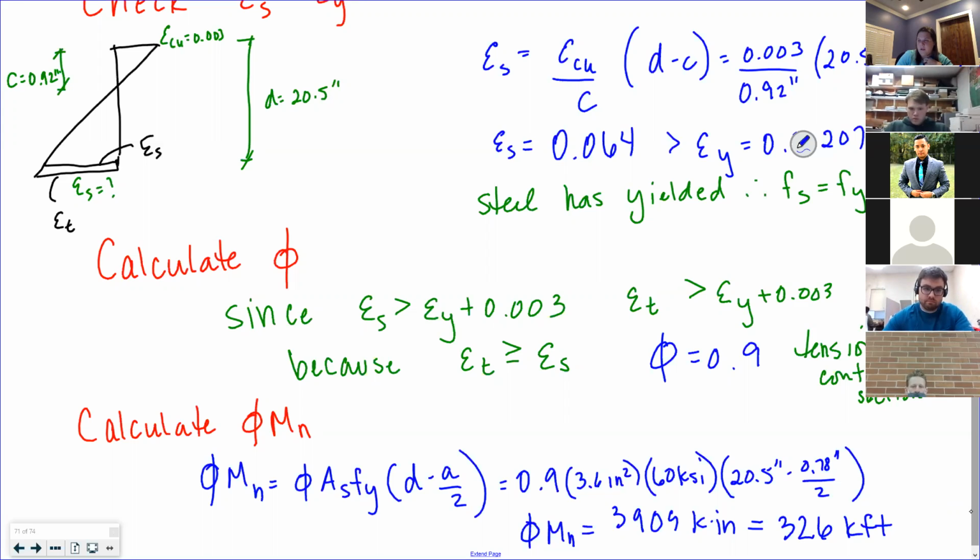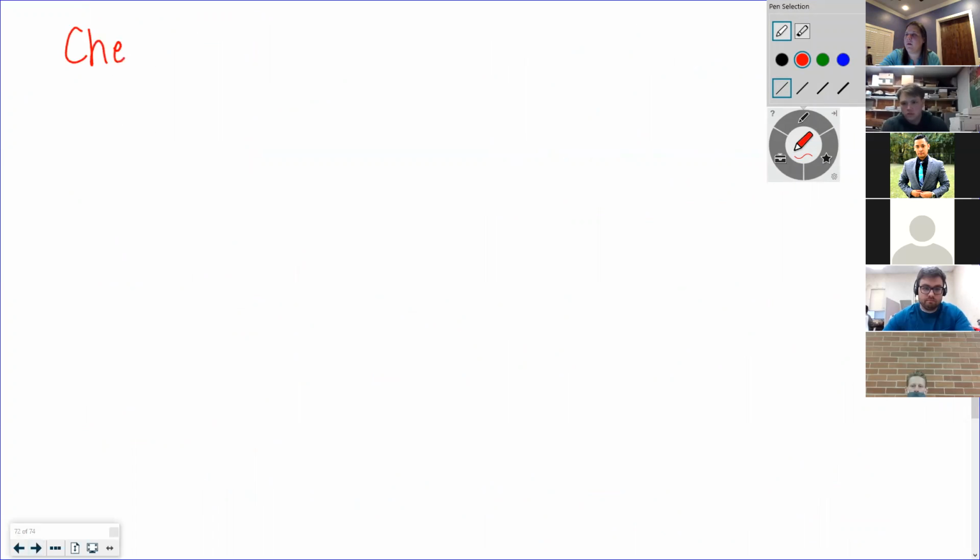And the only other thing is checking your As min. Which I didn't say we have to do, but it's always a good exercise. Right? We've got 3.6 square inches of steel, so we're probably fine.